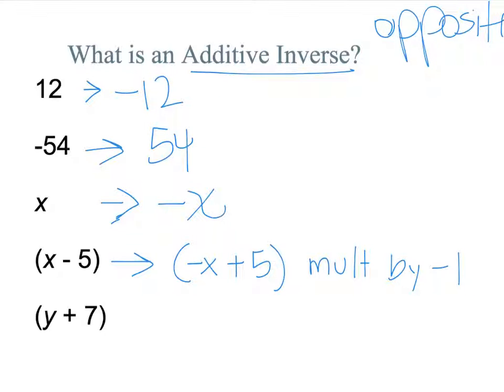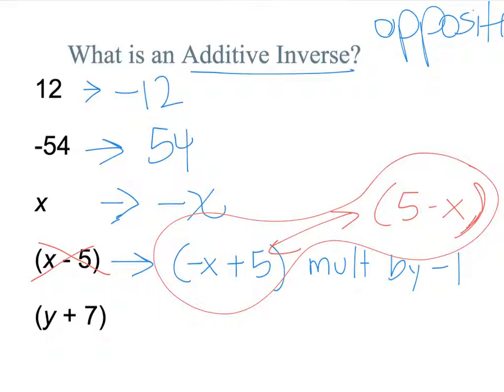And I can rewrite this negative x plus 5 as 5 take away x. They're the same thing; I've just rearranged the order. So these two are the same, but they are not the same as x take away 5. These two are inverses of x take away 5.